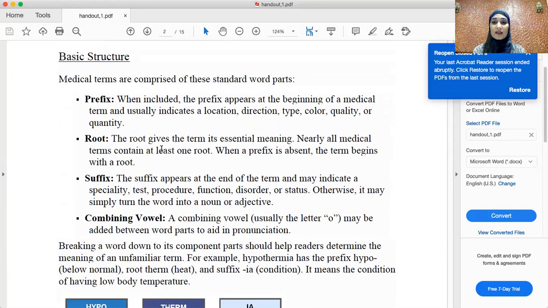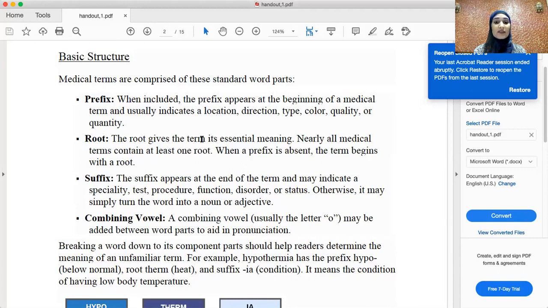So as we said, the basic structure of the word is prefix, root, and suffix. When included, the prefix appears at the beginning of the medical term, and usually indicates a location, direction, type, color, quality, or quantity.